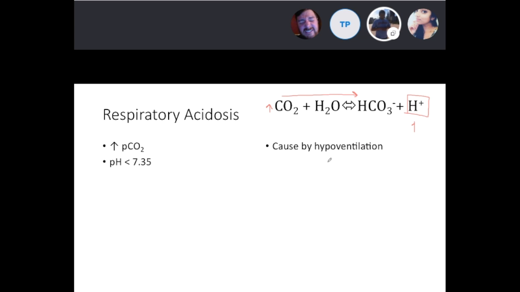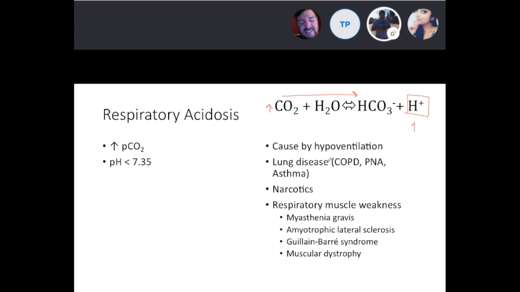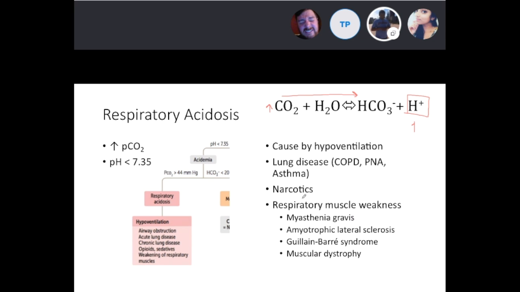It's caused by hypoventilation, and certain diseases where you'll see this are lung diseases such as COPD or asthma. Narcotics, you can see this, and cases of respiratory muscle weakness, such as myasthenia gravis, ALS, Guillain-Barré syndrome, and muscular dystrophy.